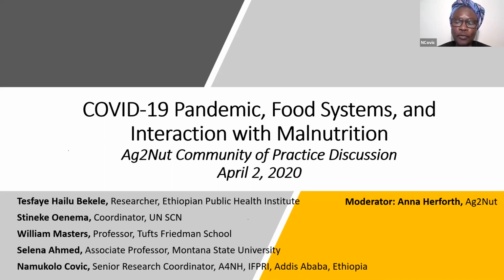There's a lot of movement of the food, for example, in the picture that Tesfaye showed, a lot of that food would be moving from outside the urban centers, from the rural areas, the peri-urban areas, coming into town. And that's the movement that is being prevented with the lockdowns that are in place now.